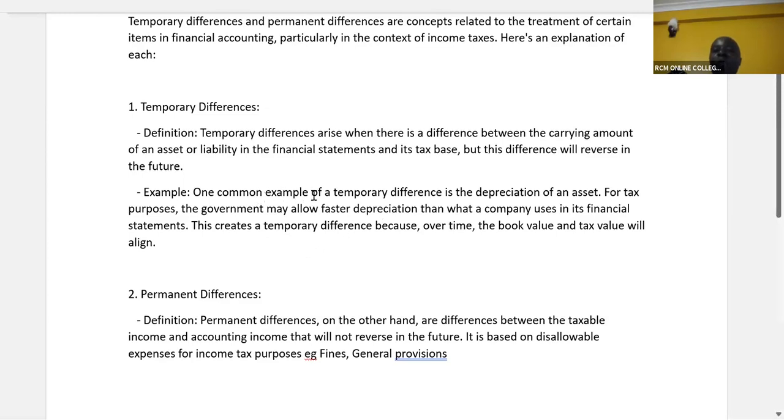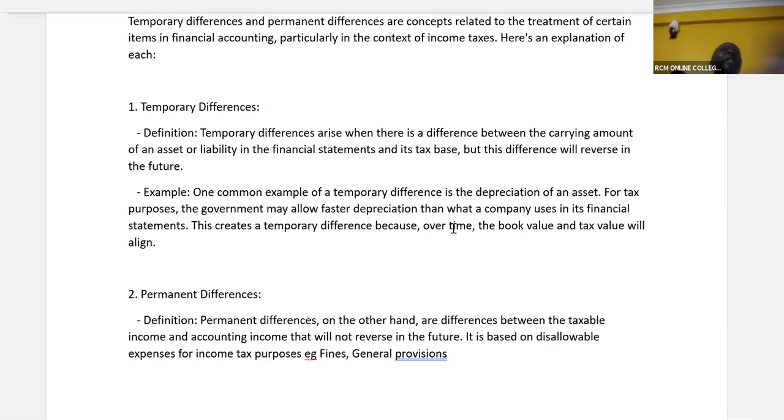Example, one common example of a temporary difference is the depreciation of an asset, like the first question that we did with you. For tax purposes, the government may allow faster depreciation than what a company uses in its financial statements. Of course, that would mean that your carrying amount, because you used depreciation, will be different from what the taxman has, the tax base, because the tax base you used in this case is wear and tear.